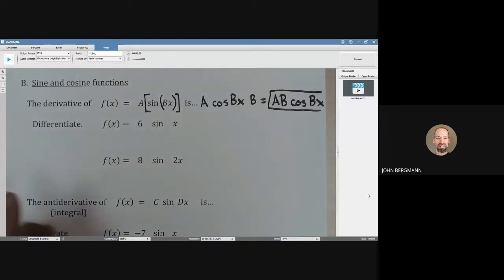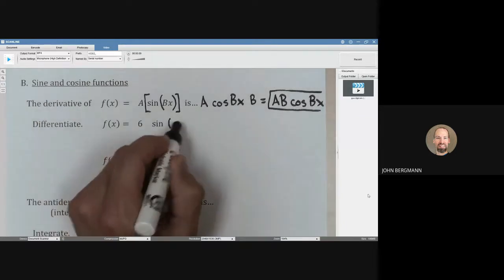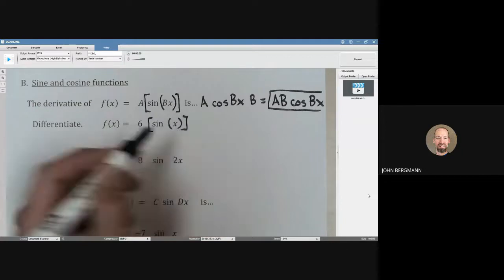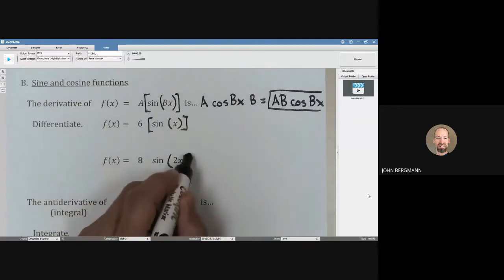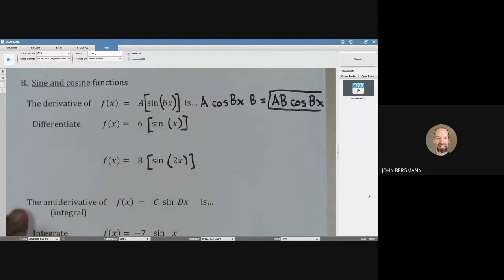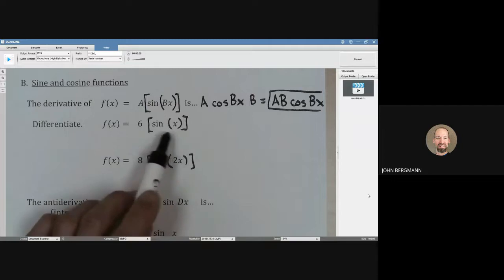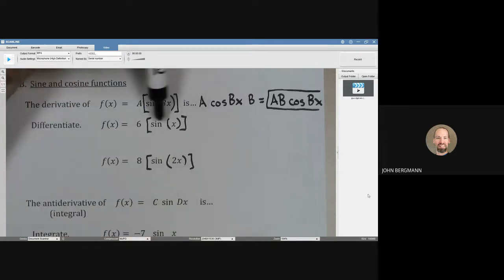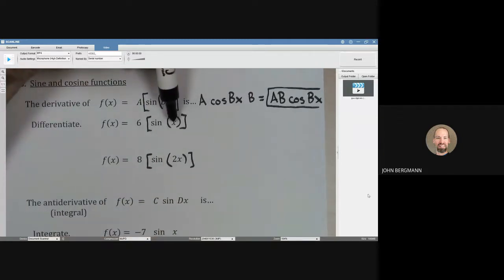So let's differentiate this. I've left a little space here so that we can show that anytime you use the sine or cosine function, you have to use the chain rule whenever you're differentiating, even if it doesn't look like it. It doesn't look like there's a function within a function, but isn't x a function? If you graphed it, you'd get a straight line with a positive slope.